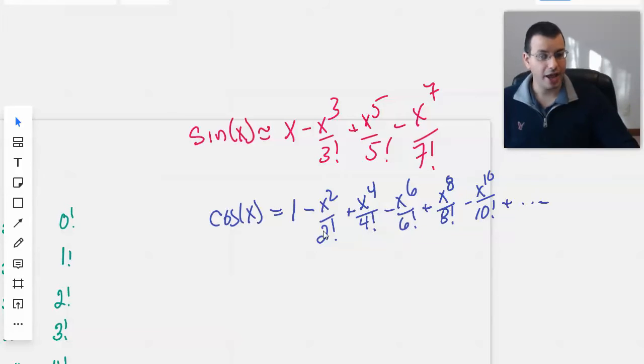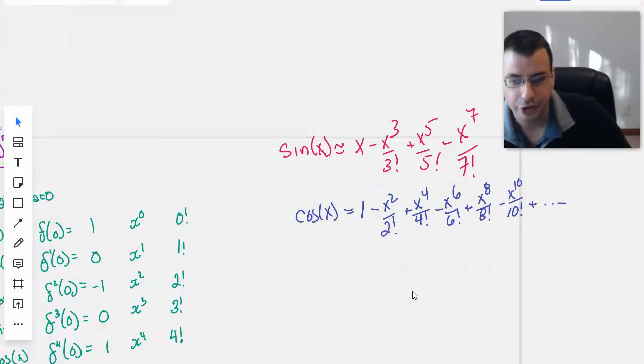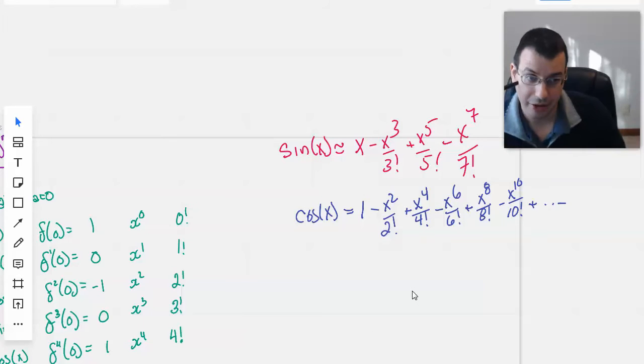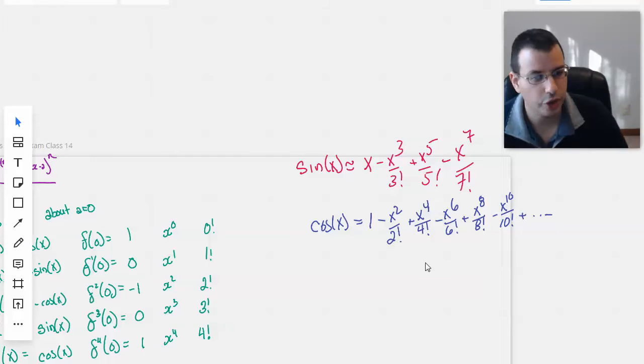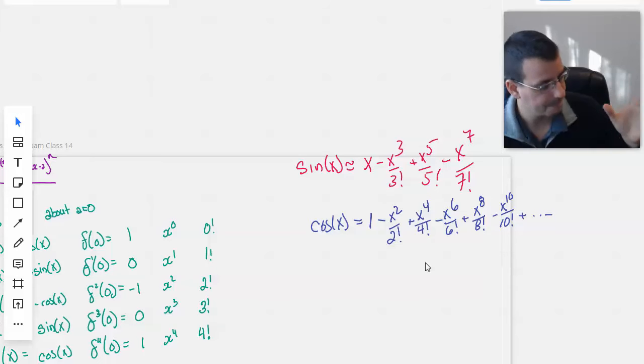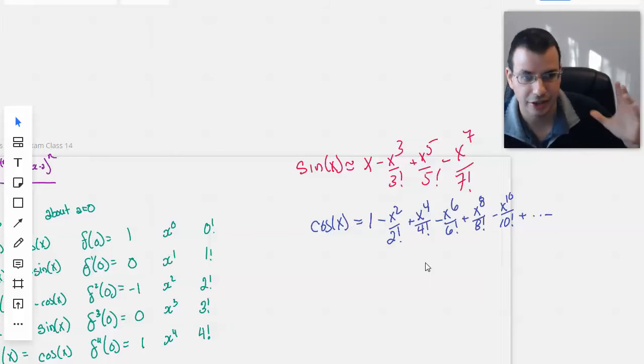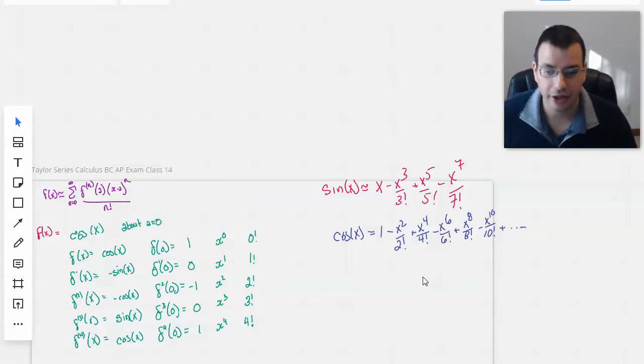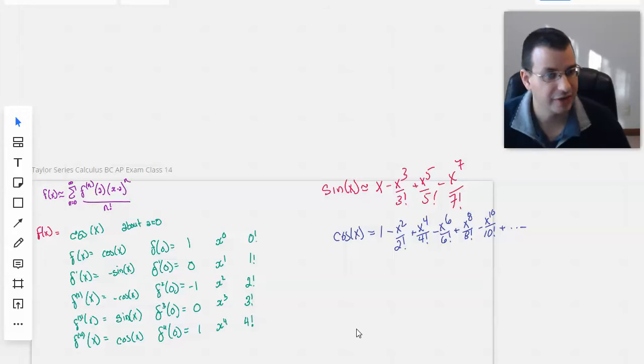But if you want to be more accurate, then you could do 1 minus 0.02 squared over 2 plus 0.02 to the 4th over 4 factorial, which is what, 6 times 4, which is 24. And so you can get as accurate as you want, and you get pretty accurate pretty fast. So this is a very quick, very non-intensive calculation-wise way of solving for sine of x and cosine of x.